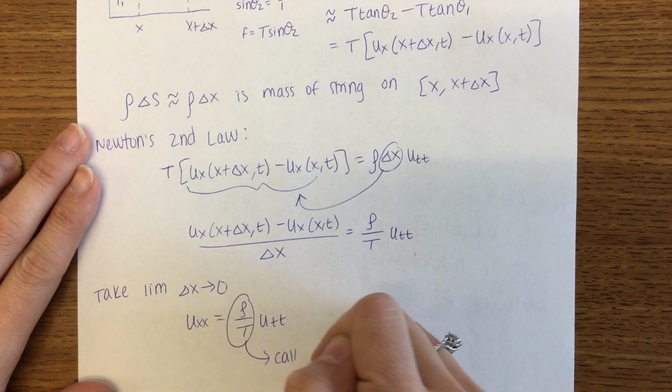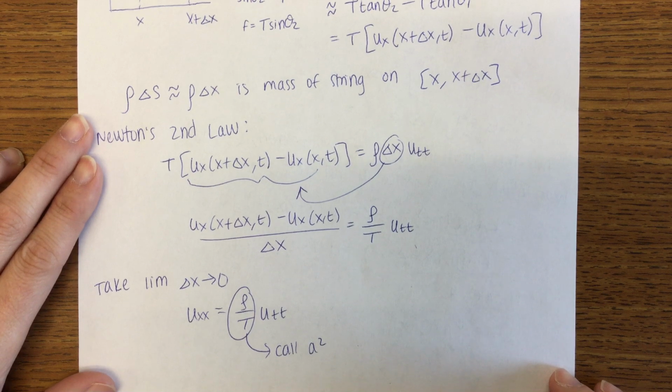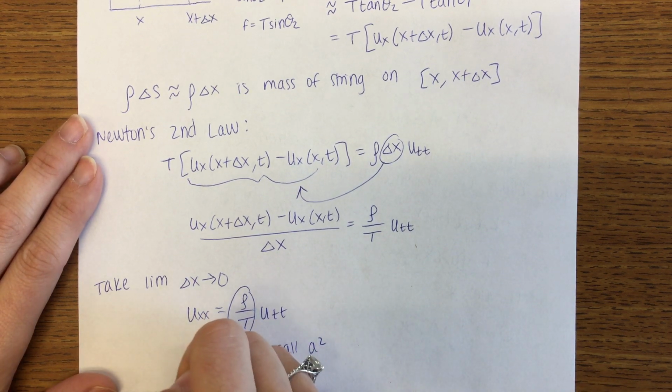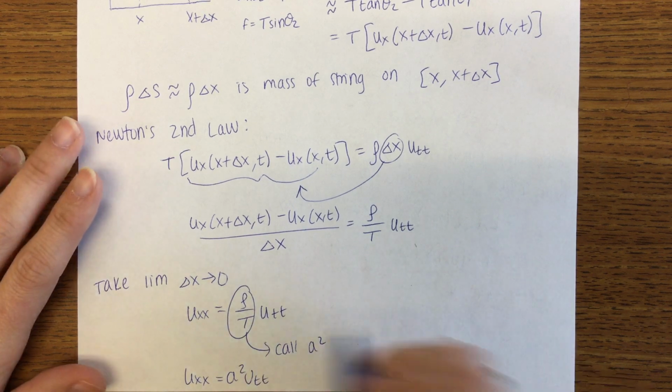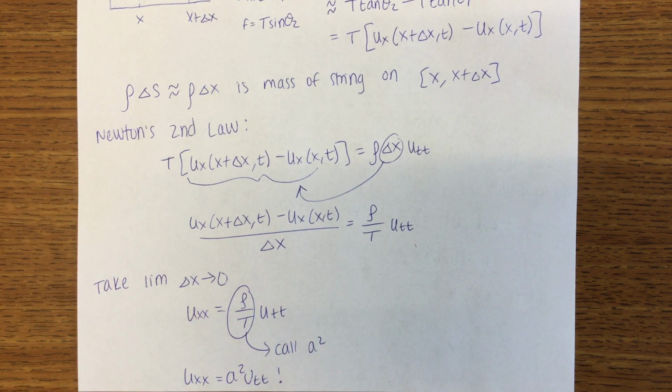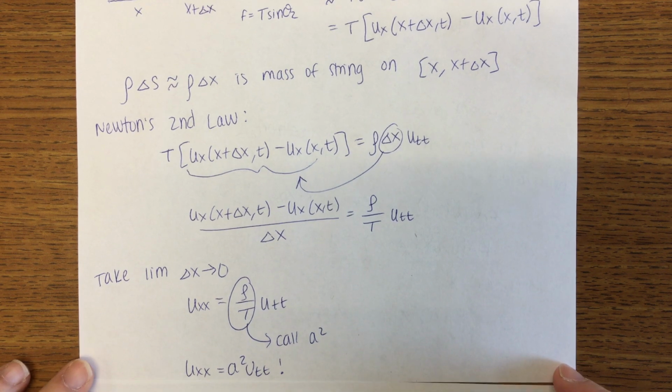That we're going to call a squared. If you call that a squared, you get u_xx equals a squared u_tt, which is exactly the second equation.